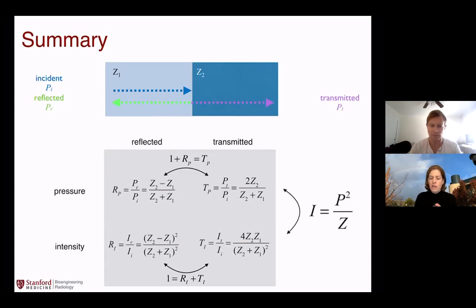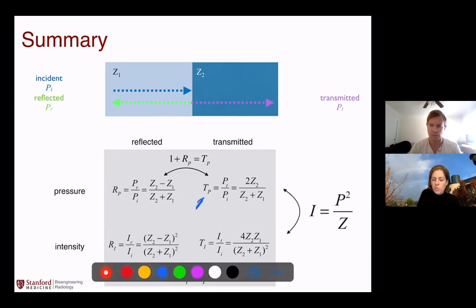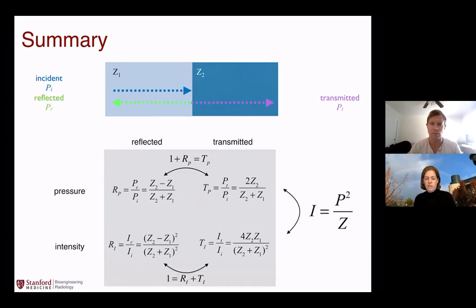Alternatively, you could take this term right here, and using the equation we're familiar with for how you define the intensity, it's equal to the pressure squared over the acoustic impedance, you can come up with the transmission of the intensity. It's a little bit of math. I don't want to go through that right now, but you can do it, and it all does make sense. So it is a relationship that works.